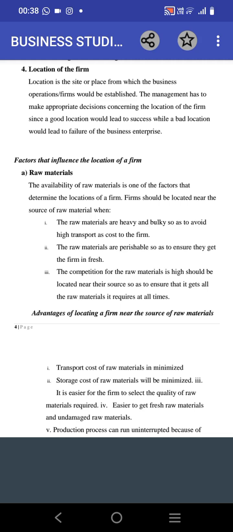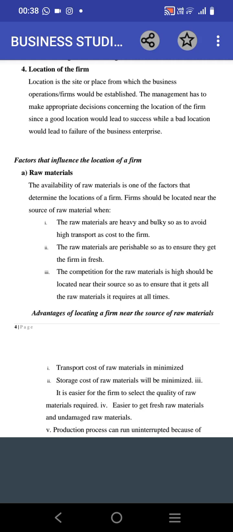If you want a suitable location for your business, you should make a proper decision to locate your farm. If you want profit, not to make a loss, you will have to decide where to locate your business. You should make a wise decision when locating your business.